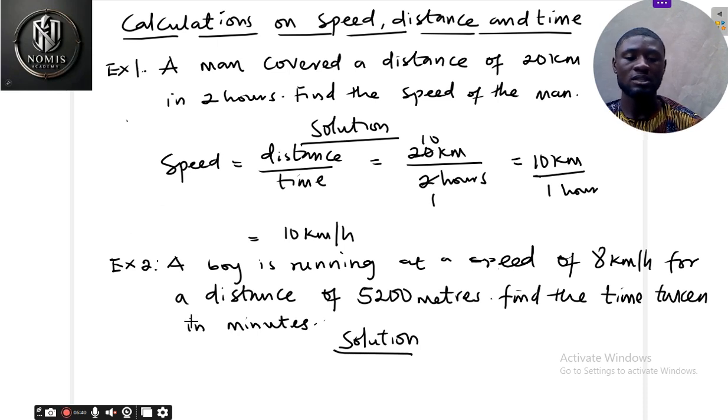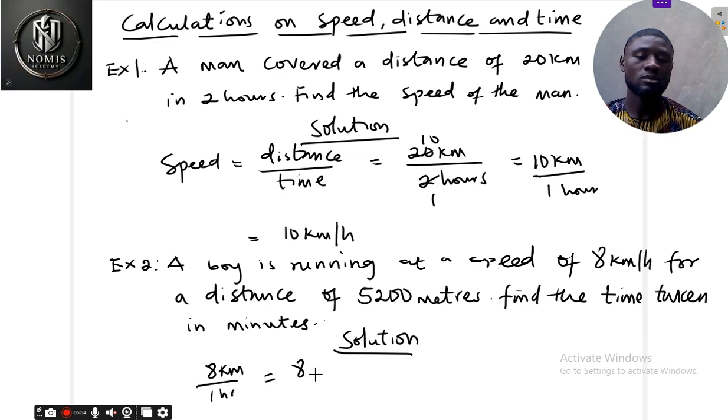So firstly, 8 km per 1 hour will be equal to 8 times 1000 meters, right? Because kilo means 1000, and that will be 8000 meters. So 8 kilometers is 8000 meters all over 1 hour. To be converted to minutes will be 60 minutes. Why? Because 60 minutes make 1 hour.